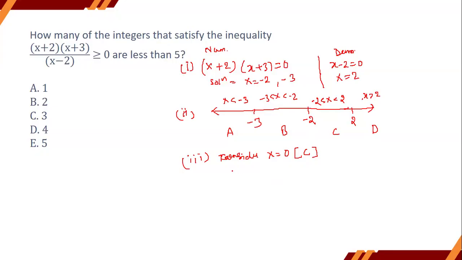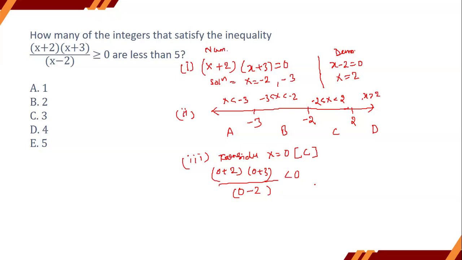So we have 0 plus 2, that is 2, and 0 plus 2 and 0 plus 3, and 0 minus 2. Now, what we can observe here is that the numerator is positive, but the denominator is negative, which makes this expression negative, right?